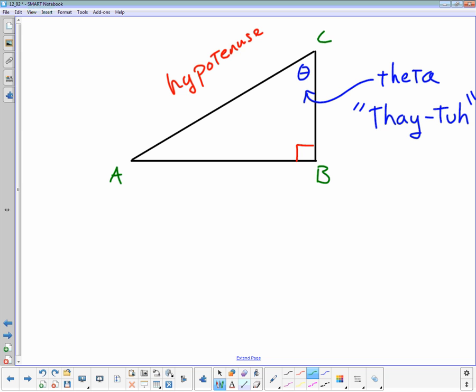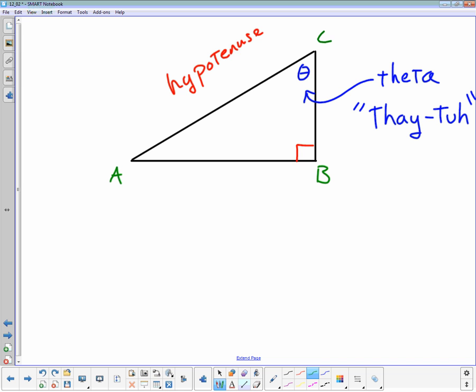If you're standing at point C, where theta is, what would you be looking at? What would be across from you? What side is opposite of you? It's a length segment. AB would be across from you, would be opposite of you, right?